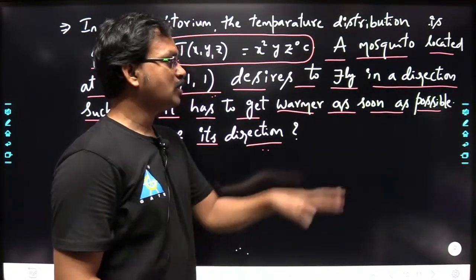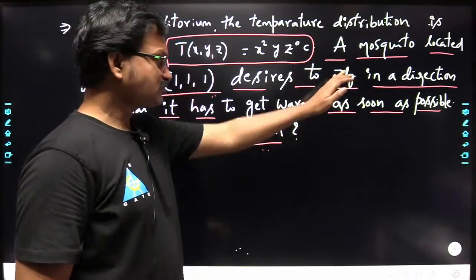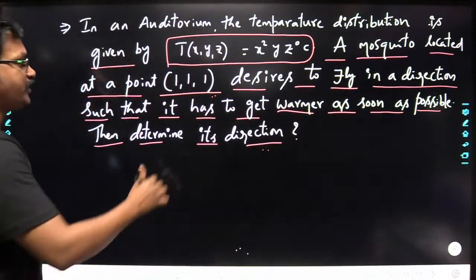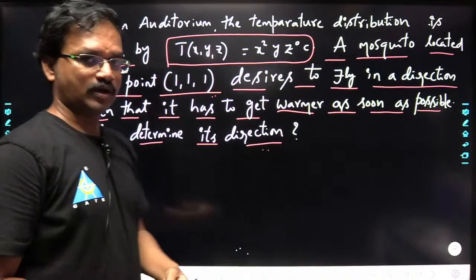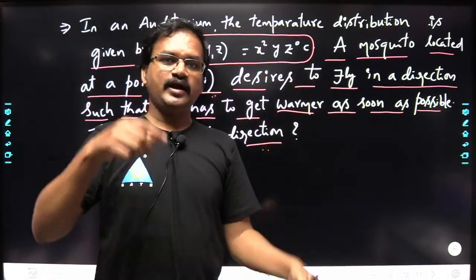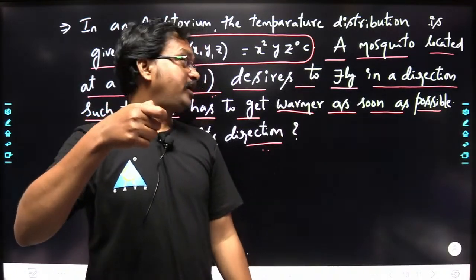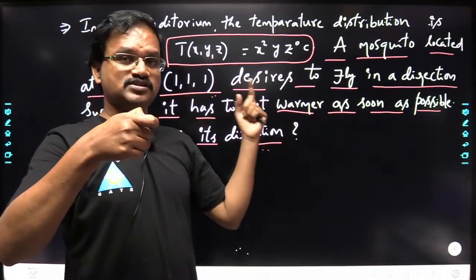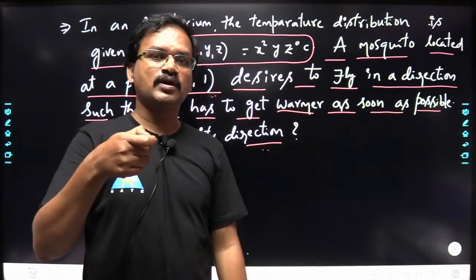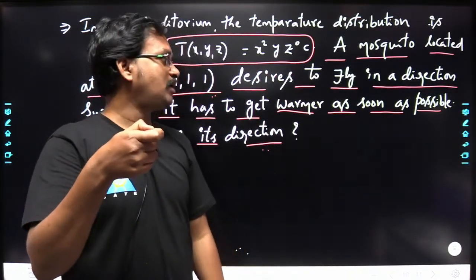Right? Okay. So now in that auditorium, we are having a mosquito. A mosquito is located at a point 1, 1, 1. They have given the temperature distribution, and at a particular point you are having a mosquito. It is located at 1, 1, 1.